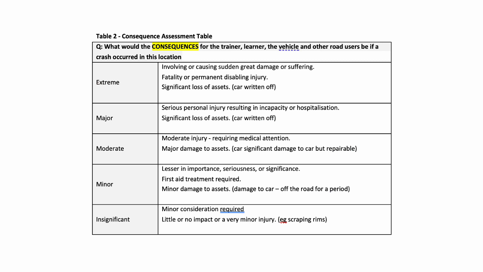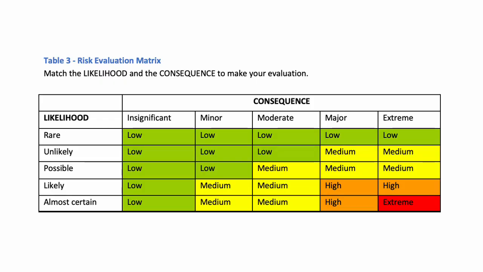Then you go to table 2 for the consequences. What would the consequences for the trainer, learner, the vehicle, and other road users be if a crash occurred in this location? Are they extreme, major, moderate, minor, or insignificant? Then we go to table 3.